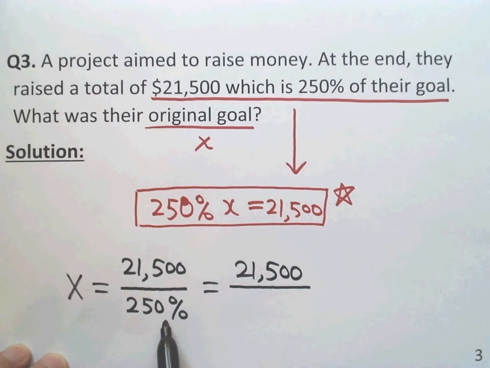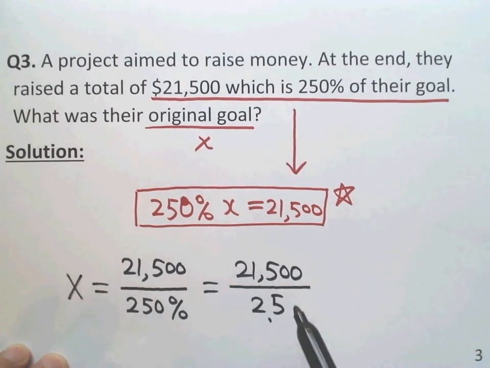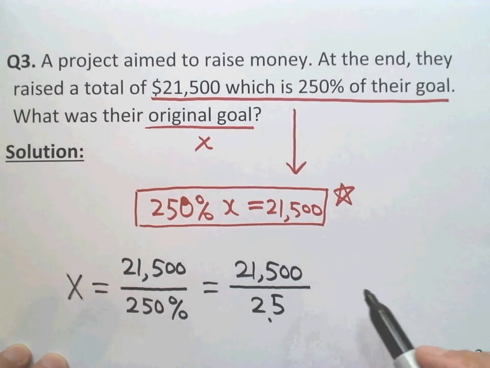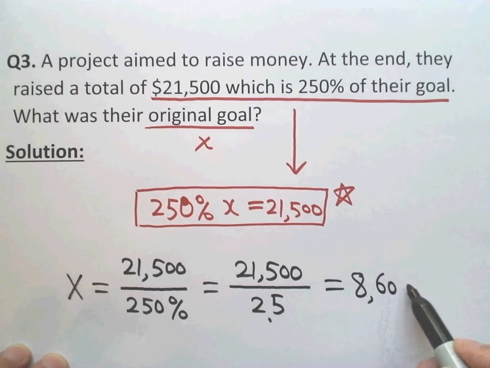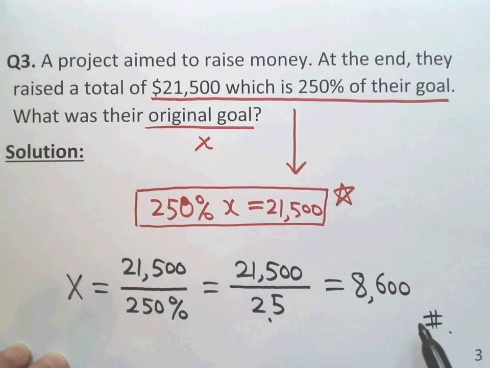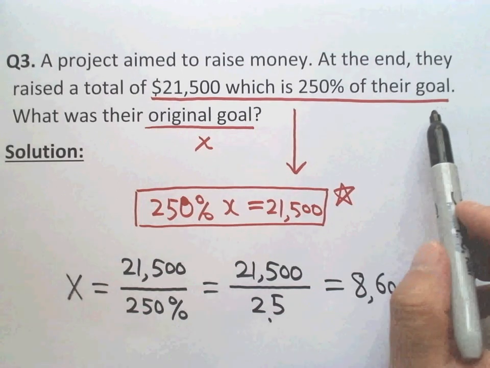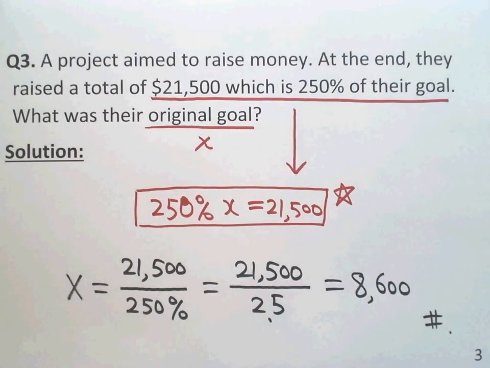We change it to a decimal by dividing by 100, so we get 2.5. Or you move the decimal to the left 2 places, and you also get 2.5. Then this is division. Use your calculator. I get $8,600. So this is the original goal. The original goal we have found. That's all. Thank you.